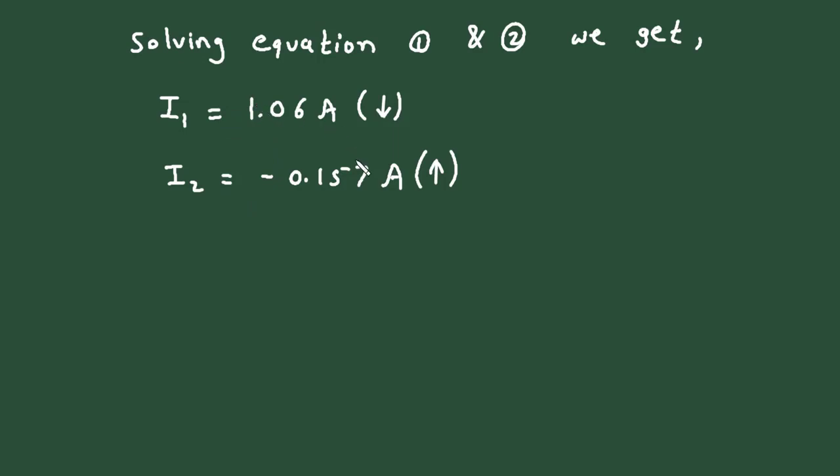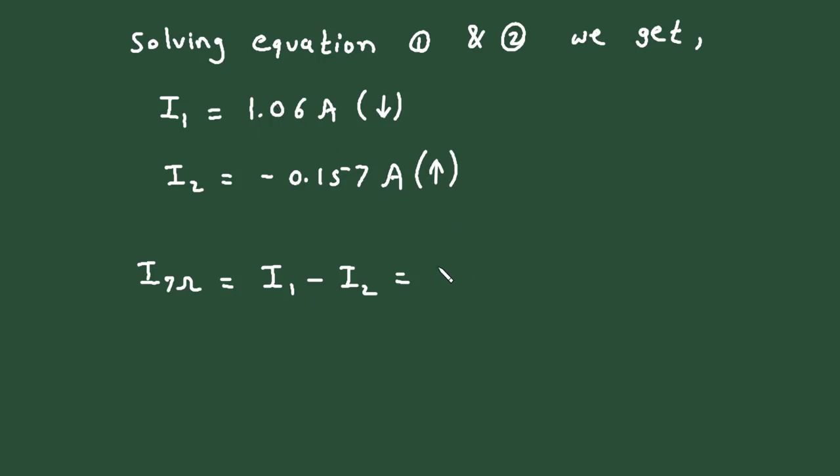Now here we can see both the directions are opposite. So therefore the resultant current, that is I7 ohm, the current through 7 ohm will be I1 minus I2. Now here we are subtracting because the directions are opposite.